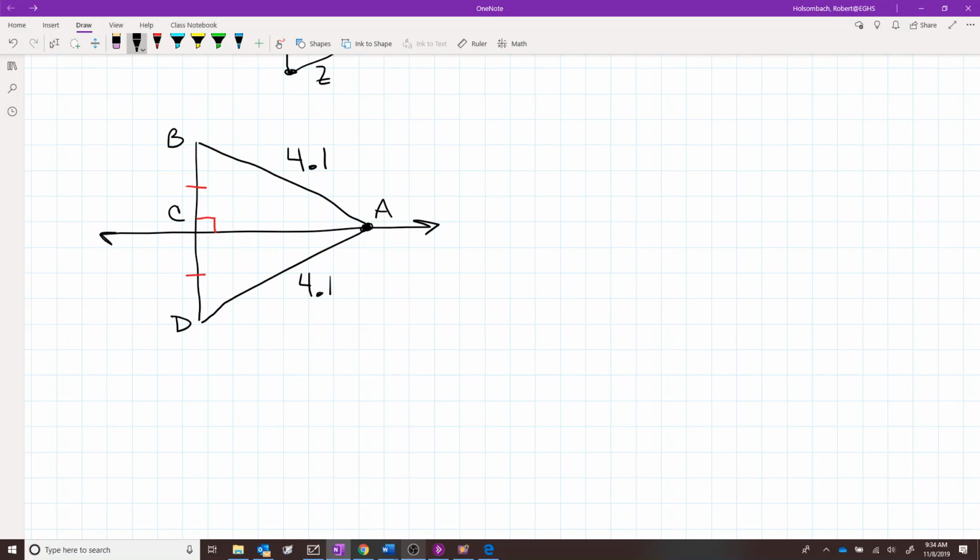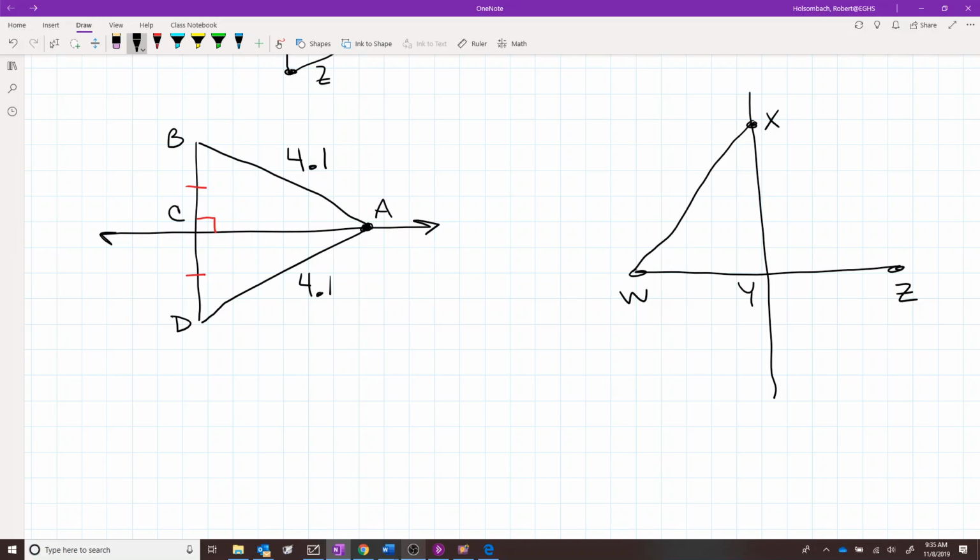If you were given this picture, a vertical line that intersects a horizontal segment, on this line you've got point X and point Y. The ends of the segment are at W and Z. X to W is 9 and X to Z is 9.